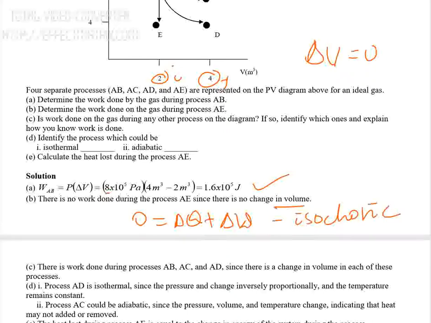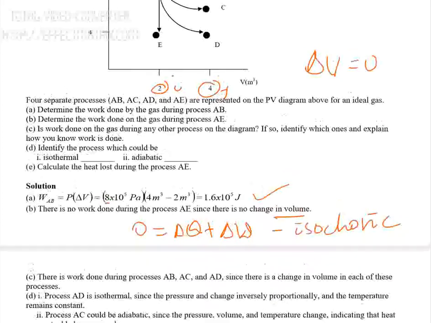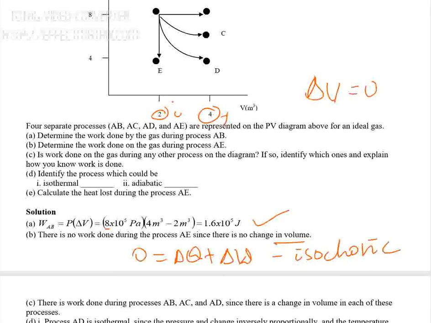C: Is work done on the gas during any process on the diagram? If so, identify each one and explain how you know work is done. We have work in the 3 diagrams, A to B, AC, and AD, because there is an increase in volume, that means change in volume.